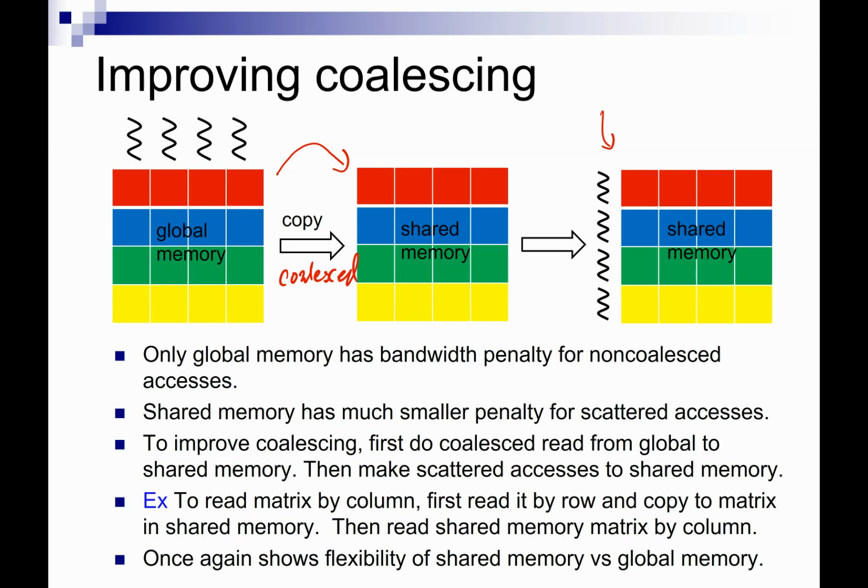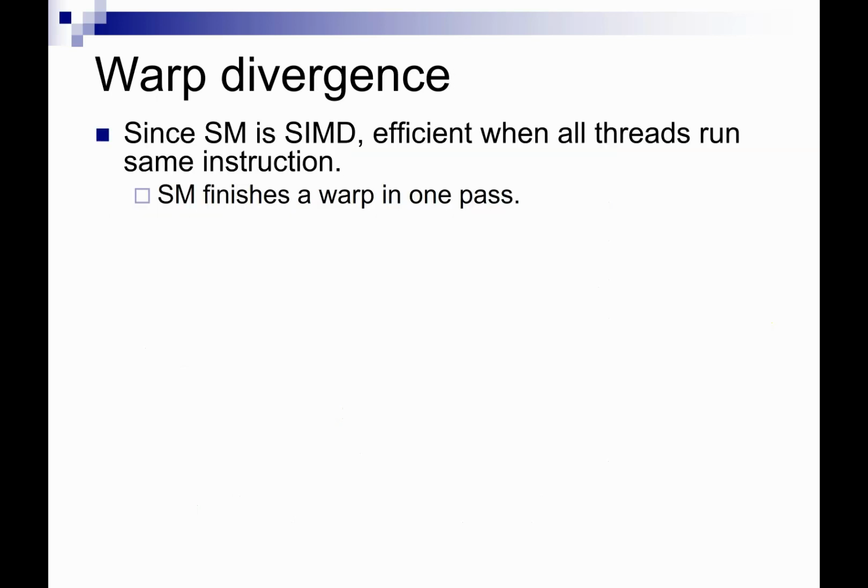So next, let me talk about warp divergence. Warp divergence basically means that our streaming multiprocessor is supposed to be a SIMD processor. So it's got, let's say, 32 cores, and the cores are supposed to do the same thing. It's efficient when all the cores do the same instruction, like they're all reading or they're all adding.